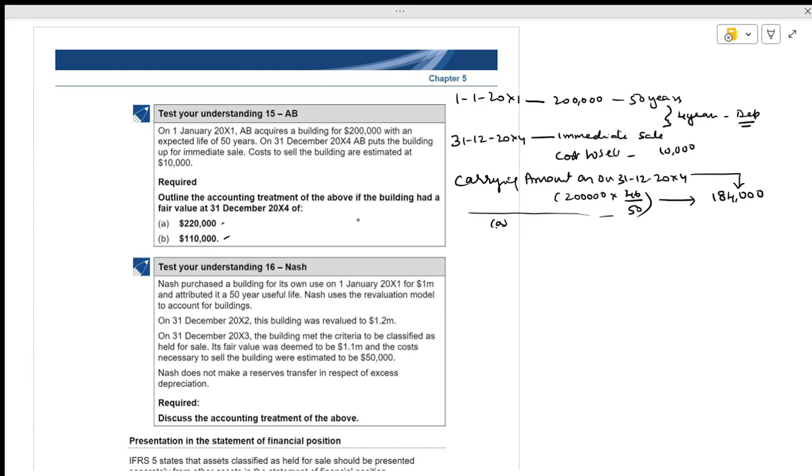They are planning to sell it for 210,000. The building's fair value is 220,000. The cost to sell is 10,000, so fair value less cost to sell is 210,000.